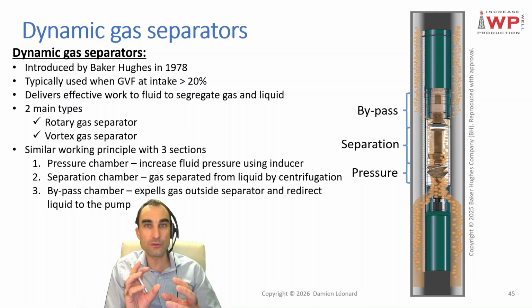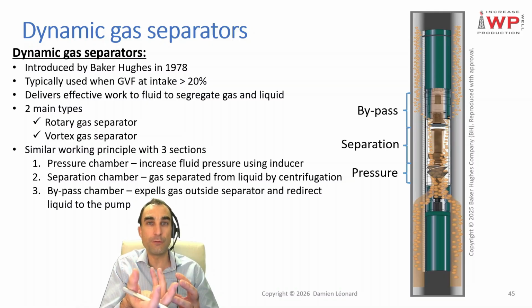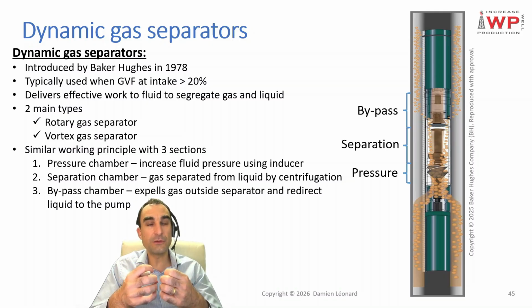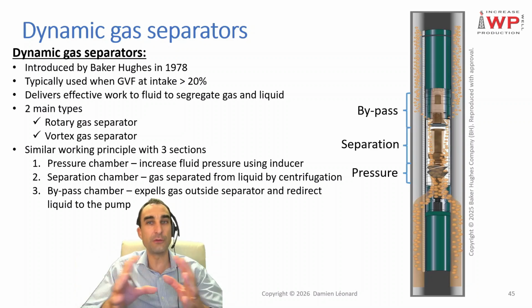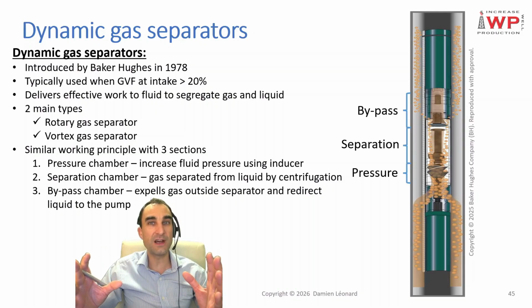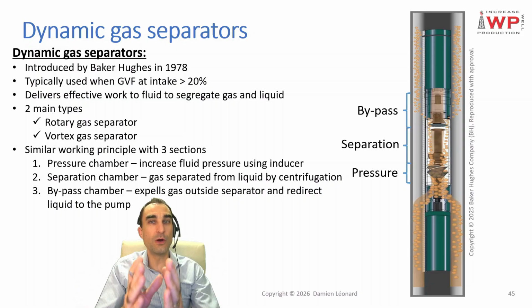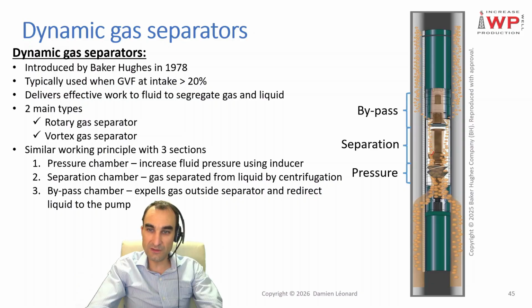As you transmit this rotating movement, the liquid, which has a higher density, will move towards the outer parts of the separation chamber, while the gas, which has a lower density, is going to gather around the shaft. That's what we can see there, where the bubbles are mostly gathered along the shaft, while the liquid stays along the main casing of your gas separator.